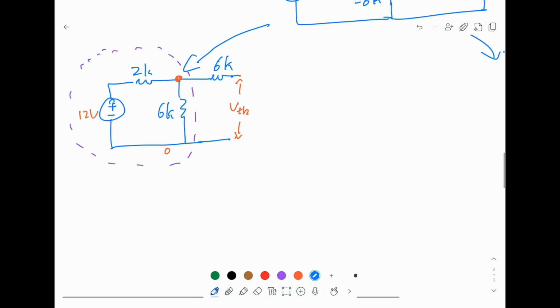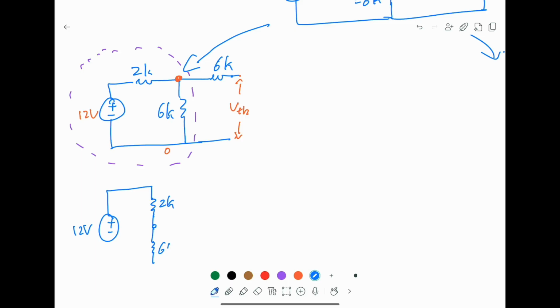You must see it in your head. This is 12 volt, you withdraw this one, 2K, this is 6K, and you are effectively finding the Thevenin voltage between A, B, which is exactly the same as between this one, also A. They're equivalent in terms of the voltage.